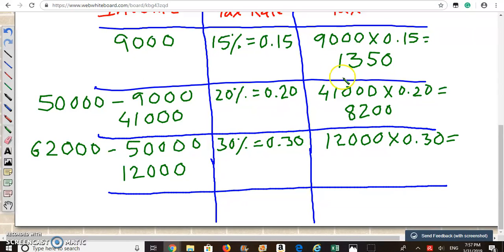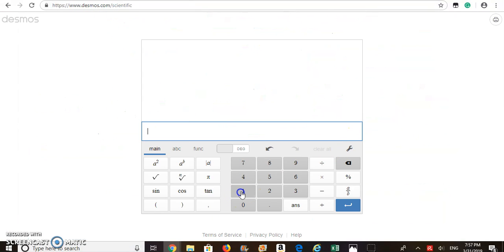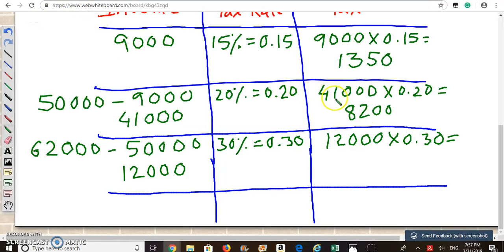Let us calculate this amount. So we have 12,000 times 0.30, which is 3,600. So you will have to pay a tax of $3,600 for this 12,000, which comes in the third bracket and has a tax rate of 30%.